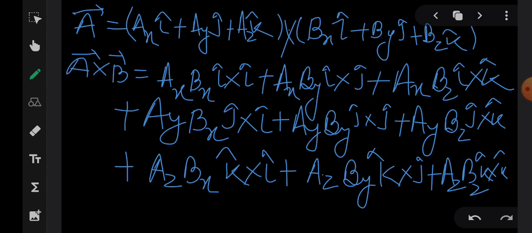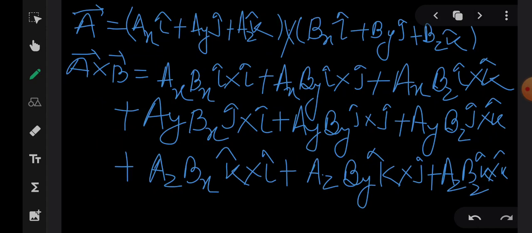So multiplication with the first term is over. Now come to the second term, AY j, and multiply it with all the three components of the B vector, like AY, BX, j cross i, AY, BY, j cross j, AY, BZ, j cross k.